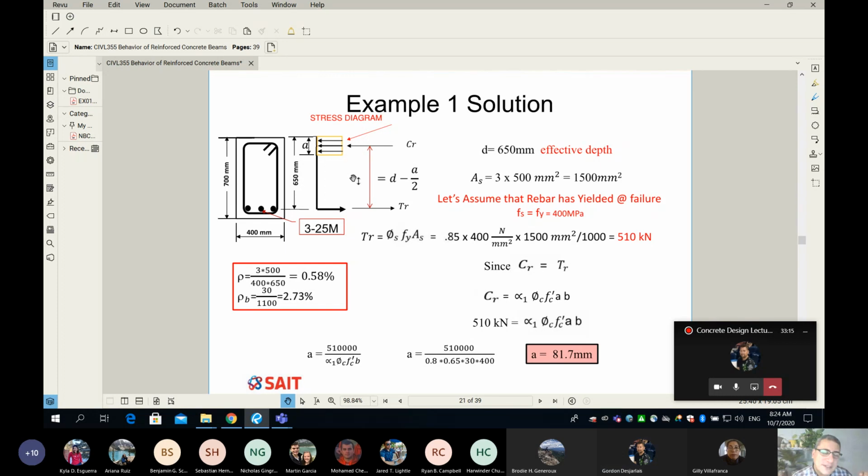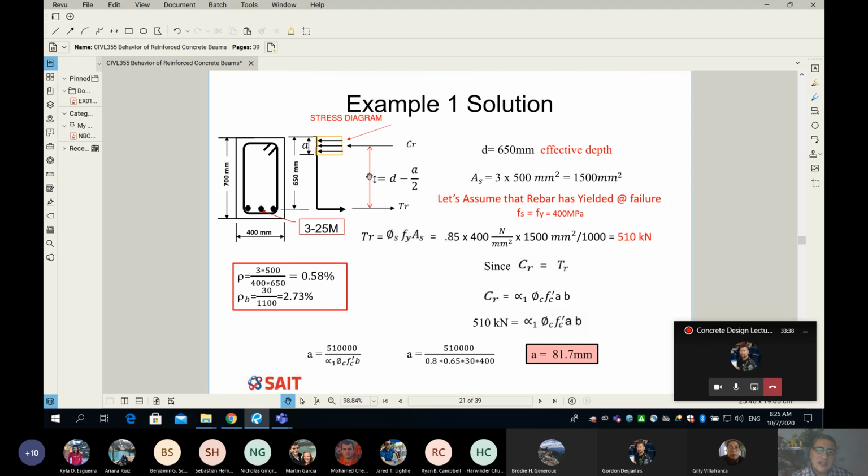Okay, I kind of feel where you're getting, but it's called equivalent, not similar. Equivalent rectangular block. Simply, this block replaces the parabolic shape, which is the stress in the concrete.